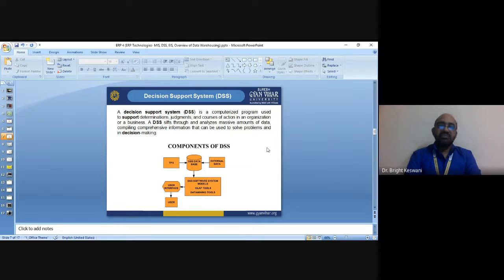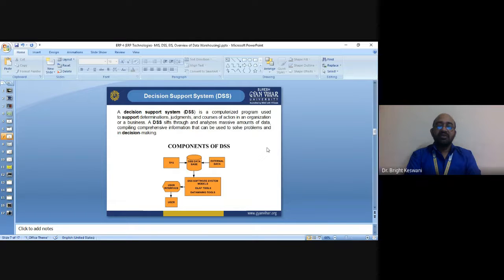This type of decision is called programmable decision because of its rule based structure. Because of its rule based structure, it can be computerized, as the input, processing methodology, analysis, and choice of decision making are predetermined.